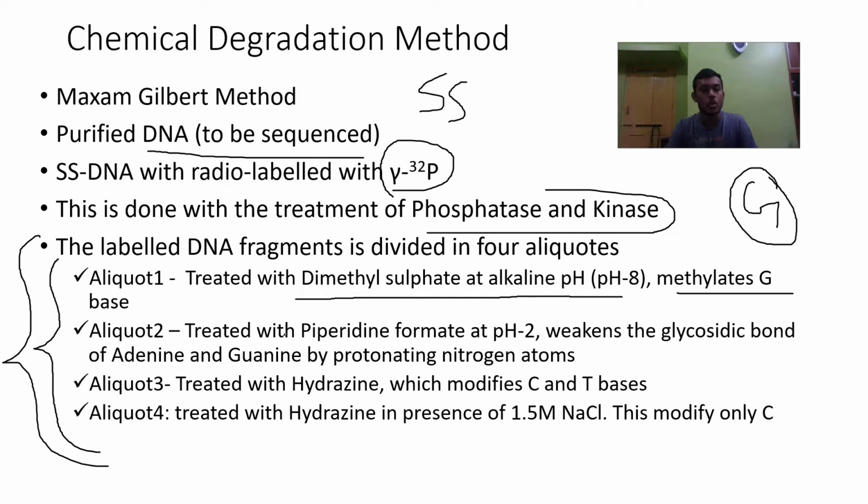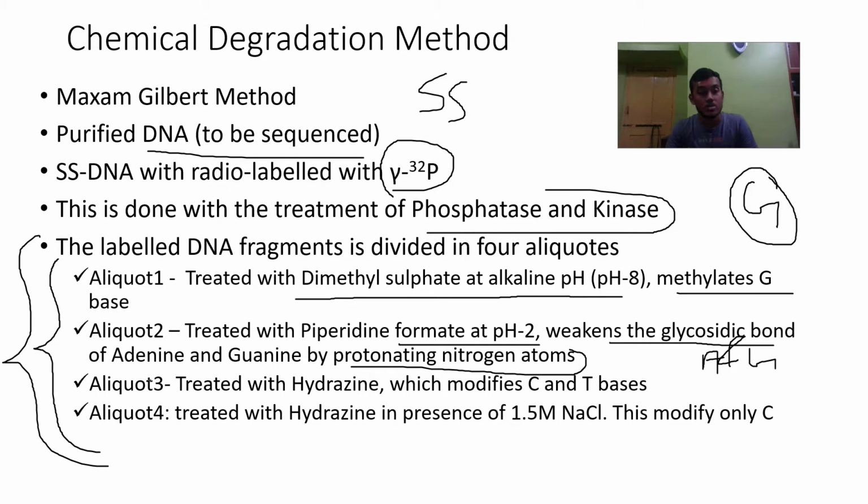Coming to the second aliquot, which will be treated with piperidine formate at pH 2, which will weaken the glycosidic bond of adenine and guanine by protonating nitrogen atoms. So this aliquot will remove the adenine and the guanine bases.